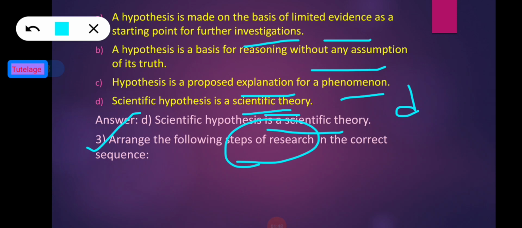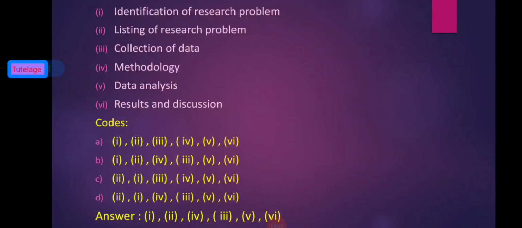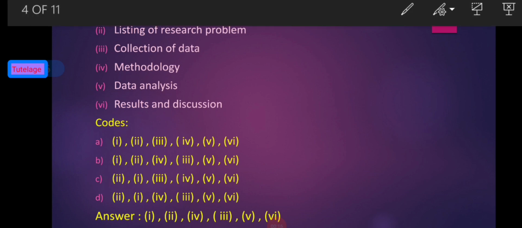I think it will be a really helpful session to you. Now move on to the options. We have four options. The first option is 1, 2, 3, 4, 5 and 6.